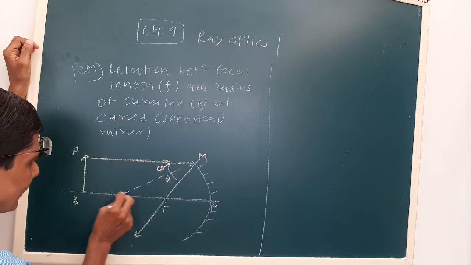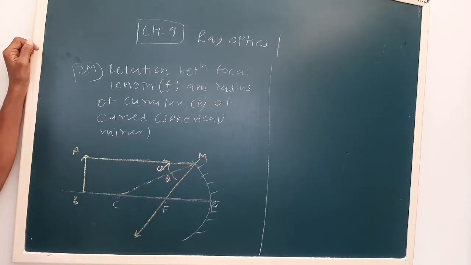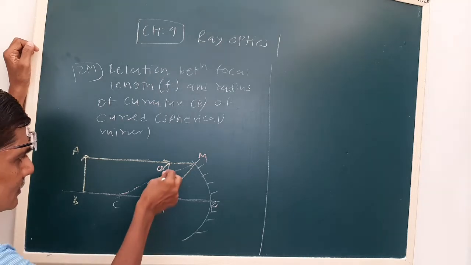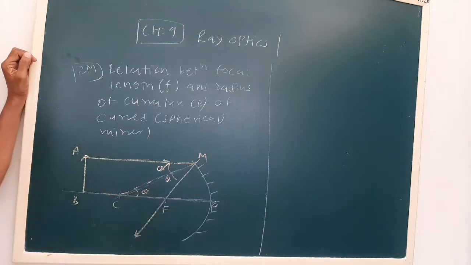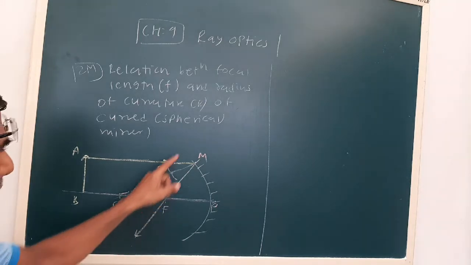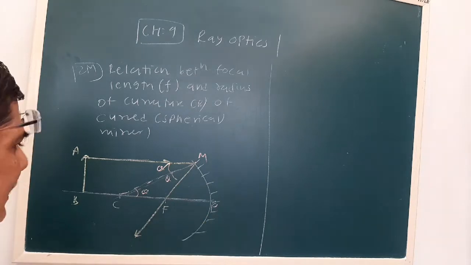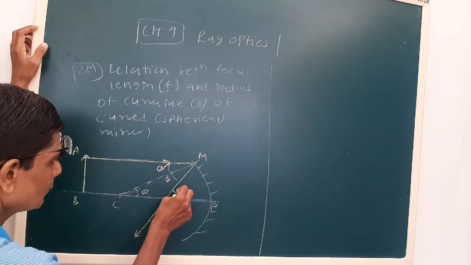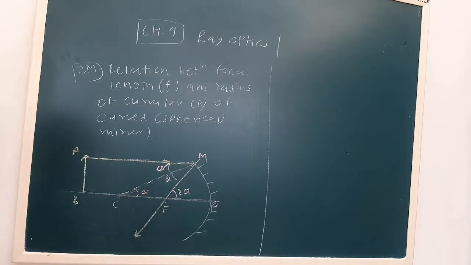These two are parallel lines and this is a transversal. So we know the alternate angles, so this angle will be theta. Now in triangle FMP, this angle FMP will be an exterior angle, that is the sum of the remote interior angles theta and theta. So this angle will be 2 theta.